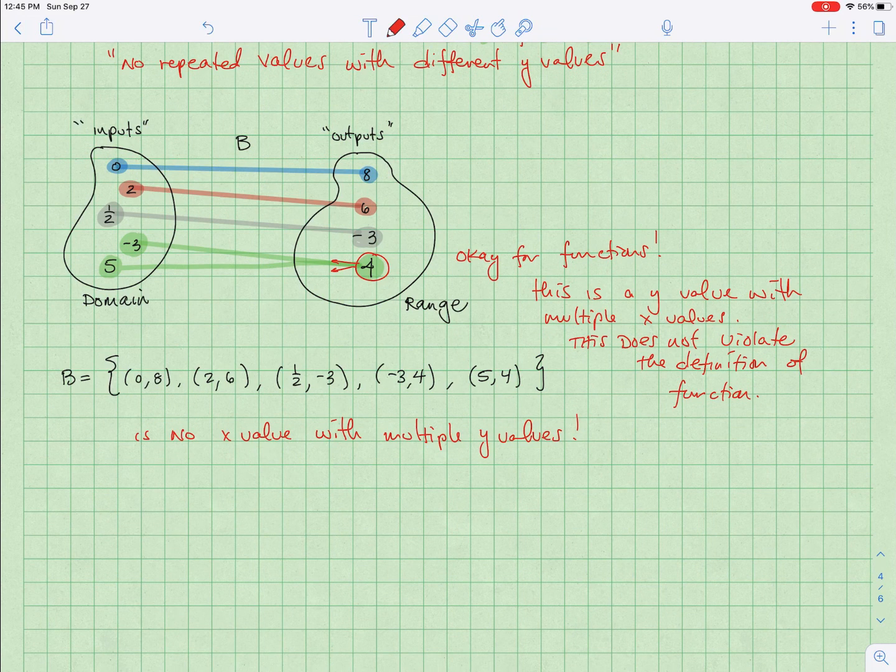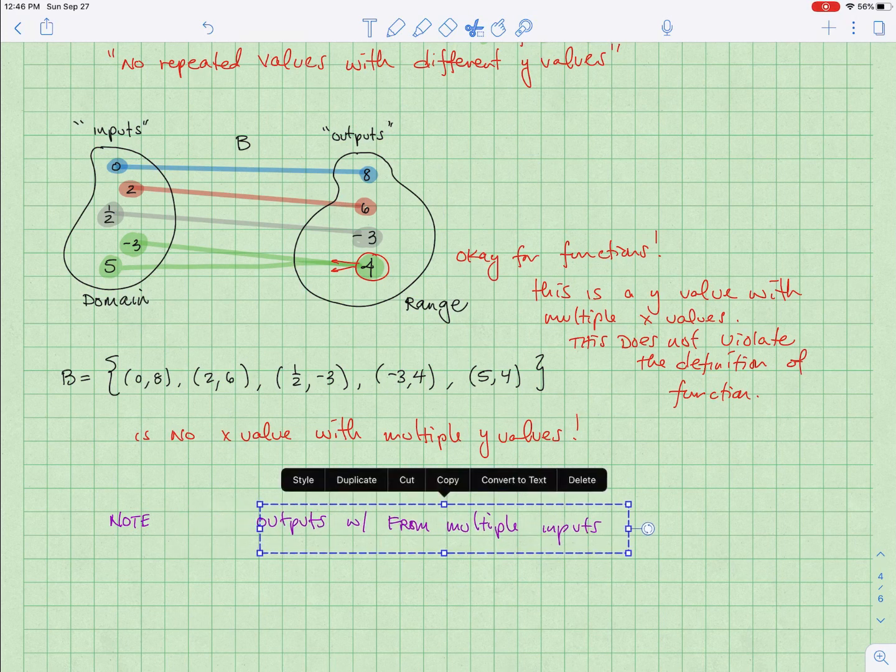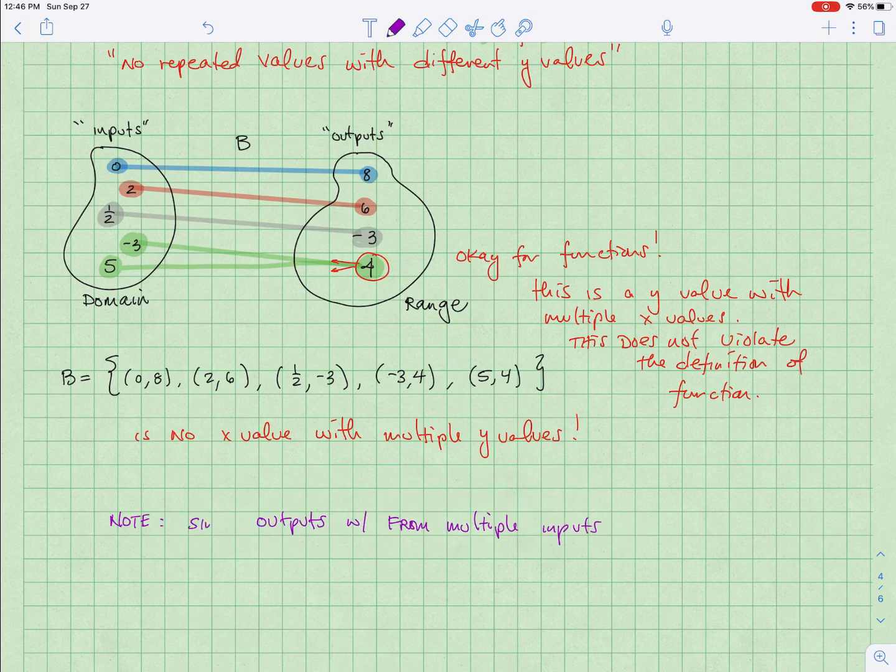Outputs with multiple inputs is not the same thing as inputs with multiple outputs. So let's write that down. Note: single outputs from multiple inputs is okay.